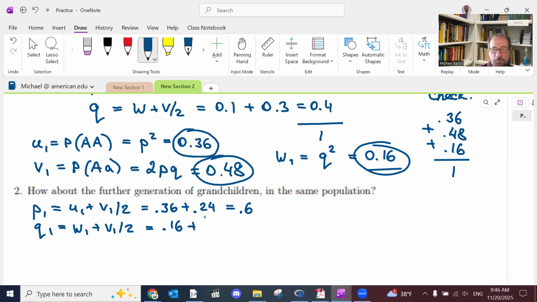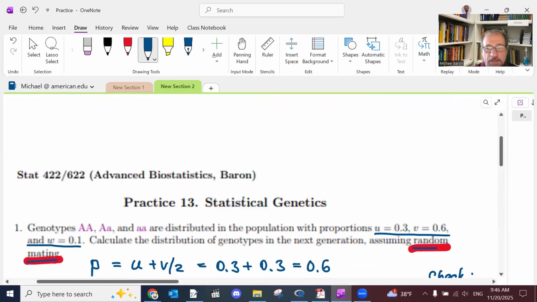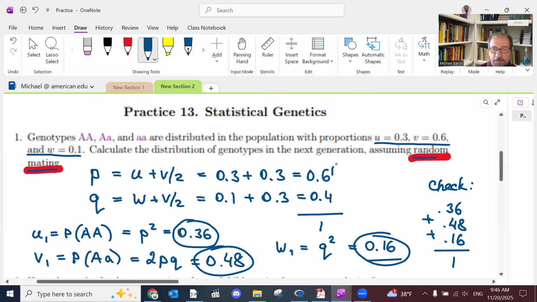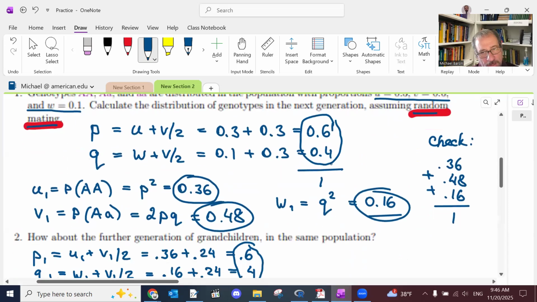Plus half of 0.48, again, is 0.24. So that will be 0.4. The sum is 1, but also we notice that this distribution is the same as we had here, 0.6, 0.4. We knew that.